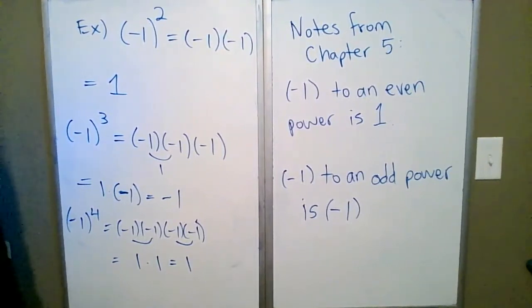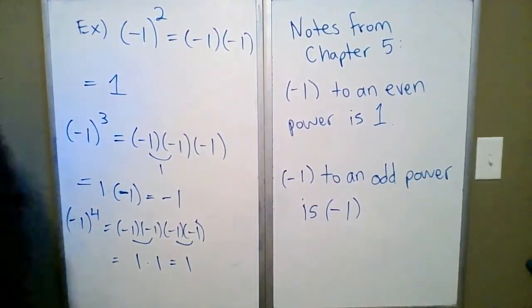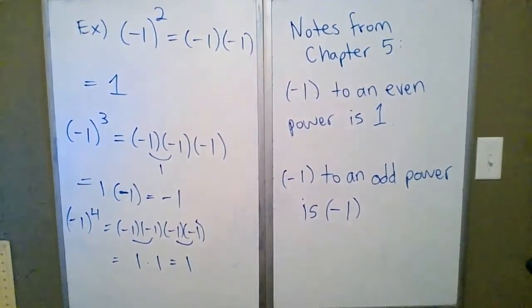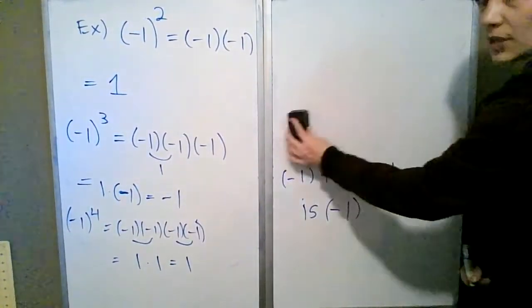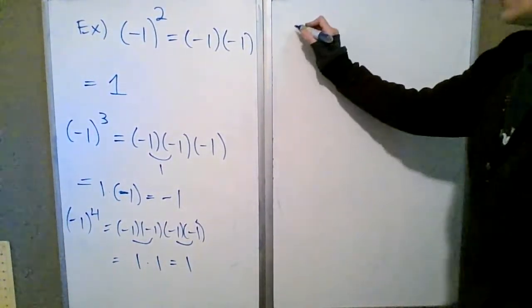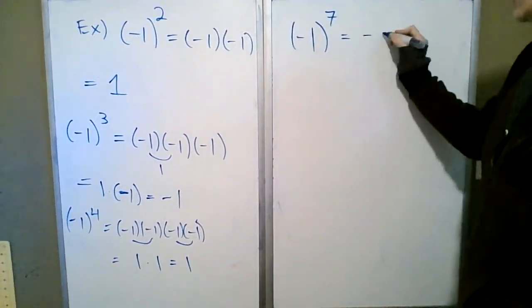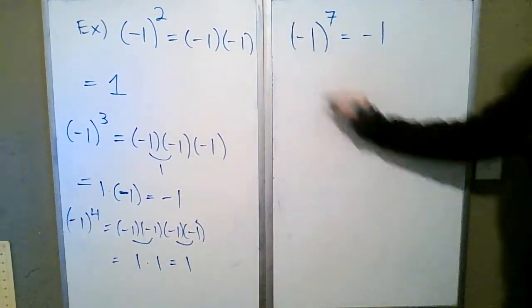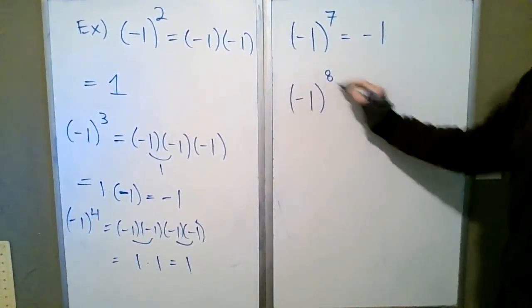So if we look at negative 1 to the 7th, it should be negative 1. We're not going to expand it, but you can if you want to. You just kind of know negative 1 with an odd power, like 7, is negative. Negative 1 with an even power, like 8, would be positive.